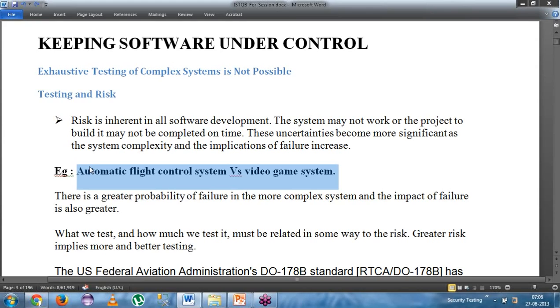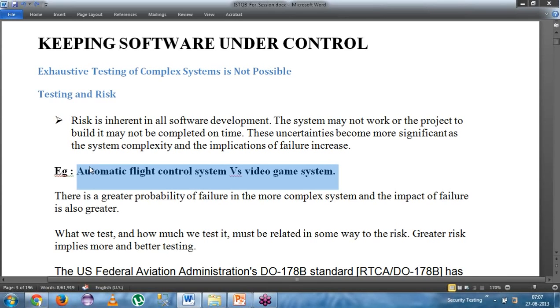So the flight control system is more complex, isn't it? I think everyone will accept that flight control systems are more complex. The reason is we are dealing with life. It's a matter of life and death here. So it is more complex and also riskier. If the risk is more, you need to have a robust testing mechanism in place.